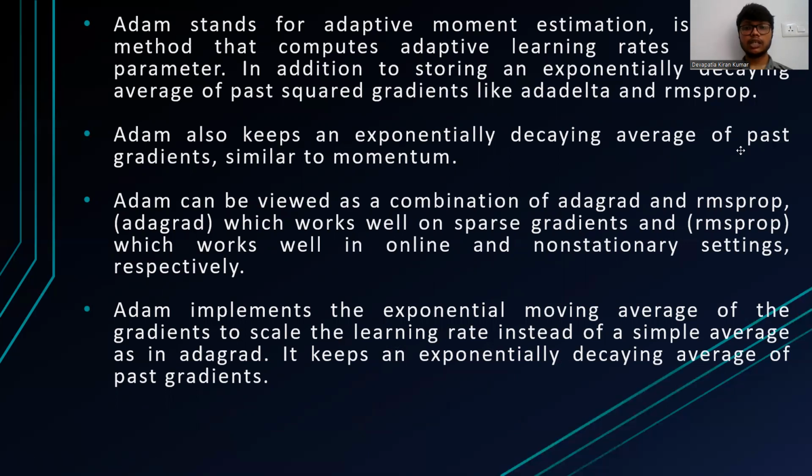In addition to storing an exponentially decaying average of past squared gradients like Adadelta and RMSprop, the Adam optimization algorithm also keeps an exponentially decaying average of past gradients, similar to momentum. It can be viewed as a combination of AdaGrad and RMSprop, which works on sparse gradients and works well in online and non-stationary settings respectively.